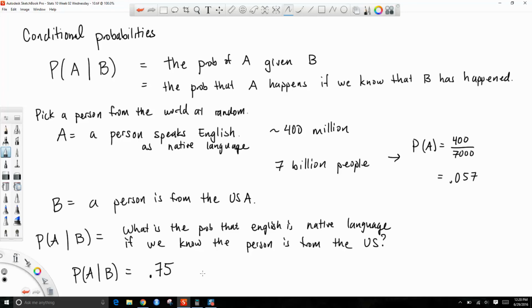So what we're saying is that if we know that someone is from the United States, then the probability that this person speaks English as their native language is now 75%, which is much greater than if we just picked someone at random from the world. So this is a conditional probability. The probability that A happens changes significantly based on whether or not B has happened. And this is what we call a conditional probability.